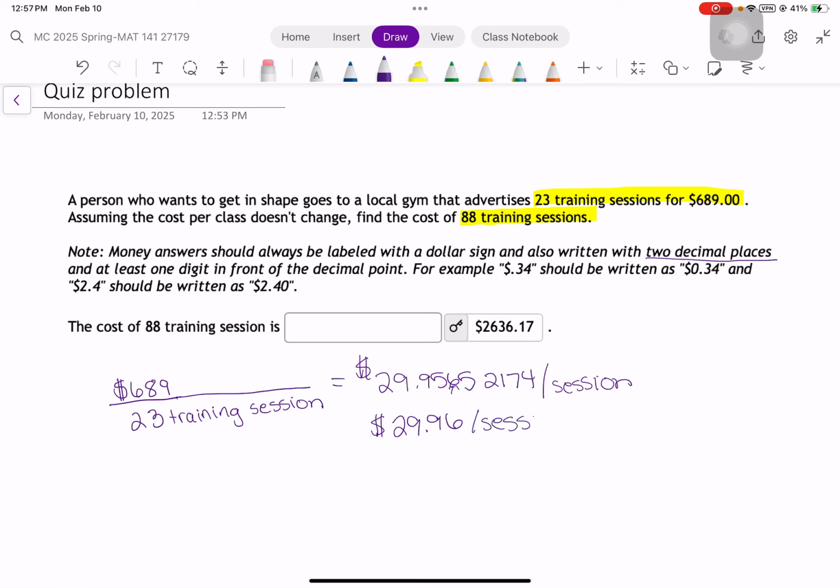And then you did 88 training sessions times $29.96 per session to get a total cost, which again is a fine strategy, but you're going to notice this is where the error is when you round, because you rounded too early.